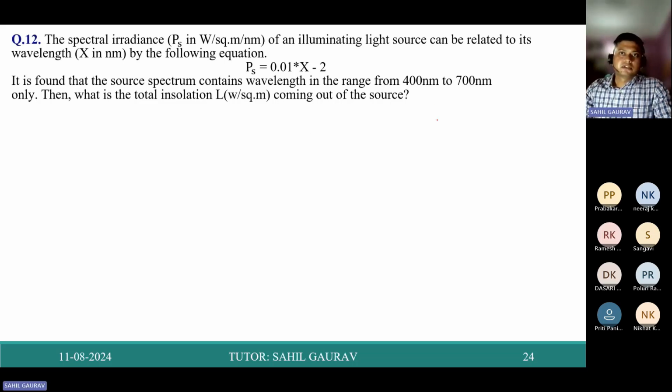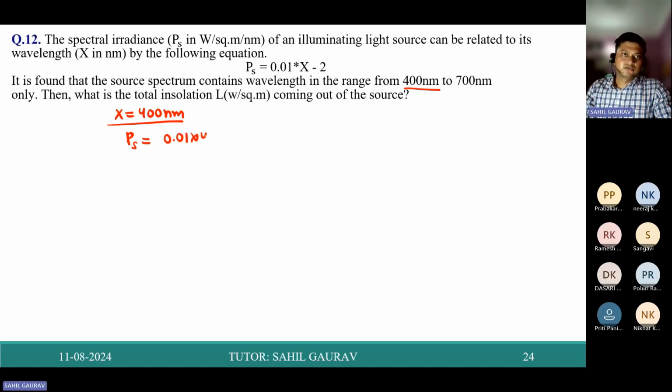For lambda equal to 400 nanometer, we will find PS.